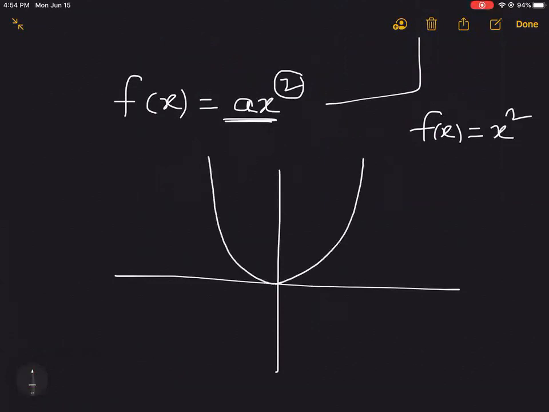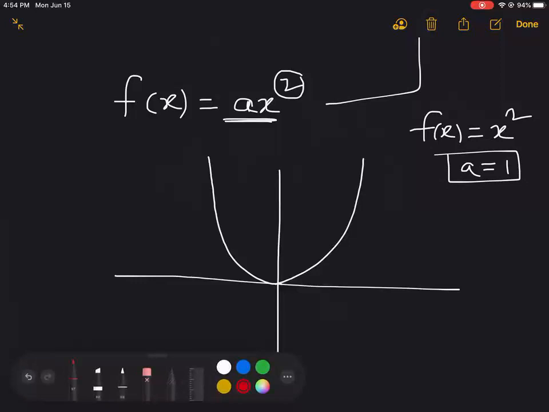We know that. That means here a is 1, right? Can you see that? Now what happens if we just take, excuse me, f of x equals a half x squared.